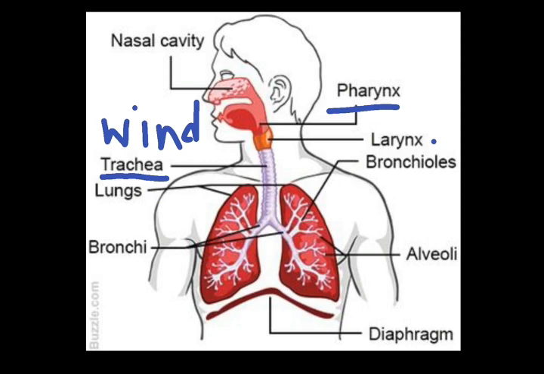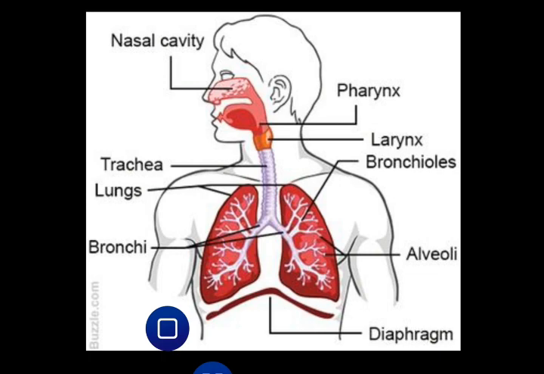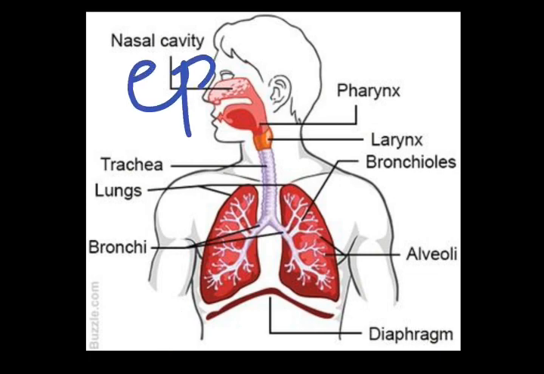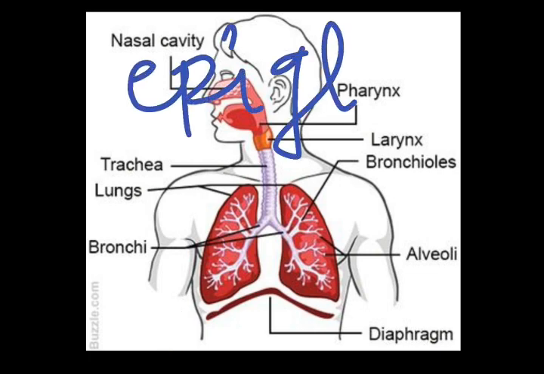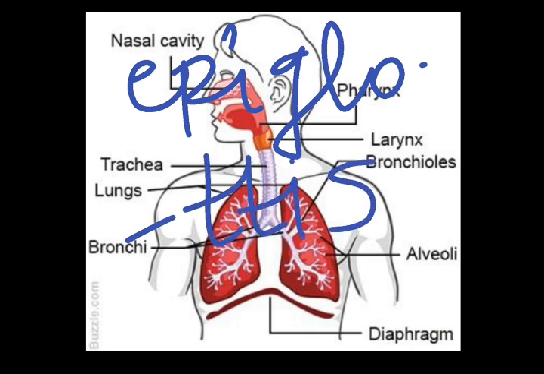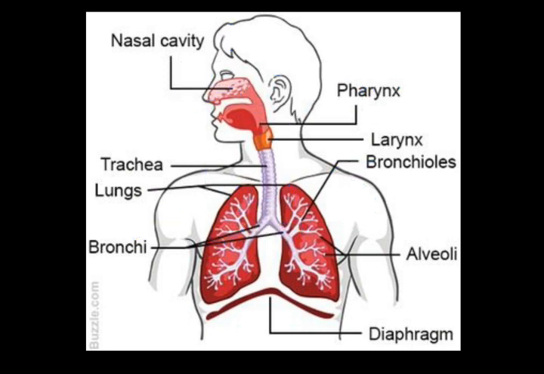Now there is a very important organ, the epiglottis. The epiglottis is a cartilaginous flap at the mouth of the trachea. Basically, the trachea and esophagus run parallel, so these two openings are together.